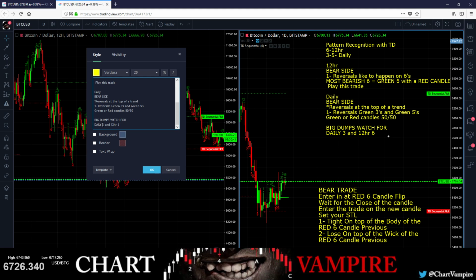So this would be a daily green 3 and a green 6, right? This would be a green TD 6. Green TD, I need to be more specific here.